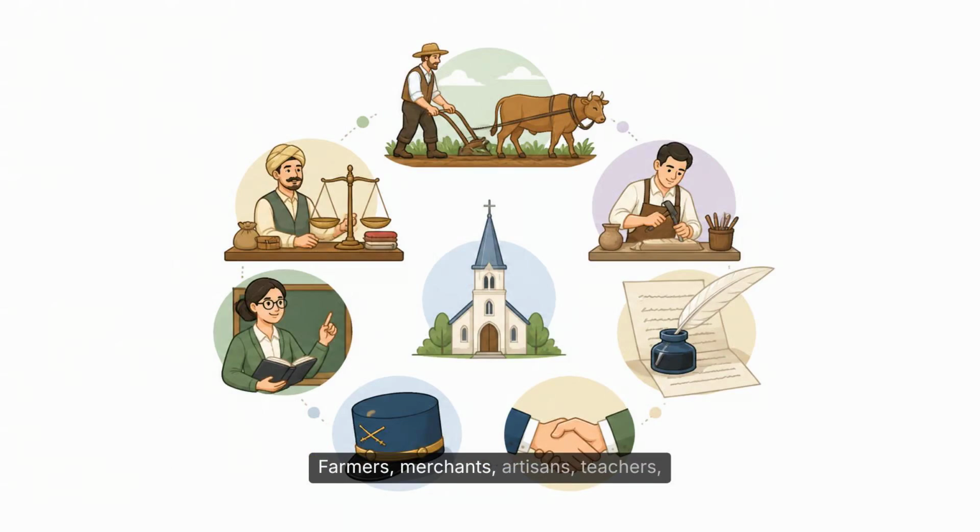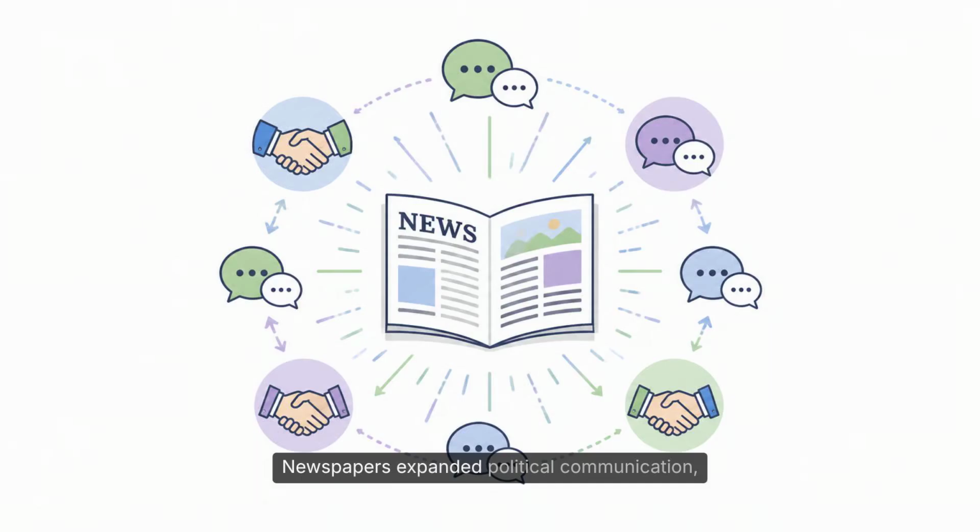Although the early republic was led by prominent political figures, its development also depended on ordinary citizens. Farmers, merchants, artisans, teachers, religious communities, writers, soldiers, and civic organizations contributed to the growth of the country. Newspapers expanded political communication, voluntary associations promoted community initiatives, and public discussion became an increasingly important feature of American civic life.